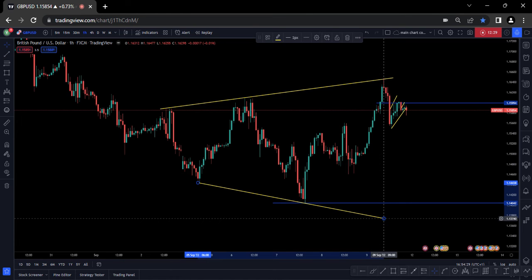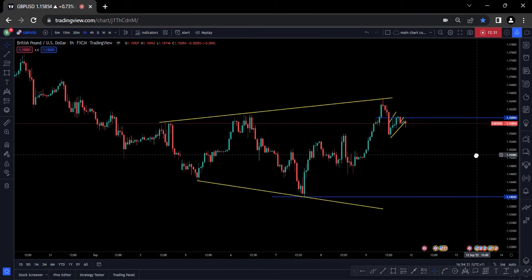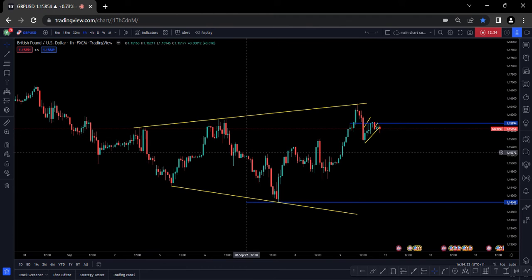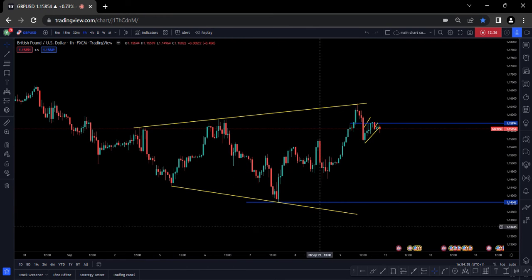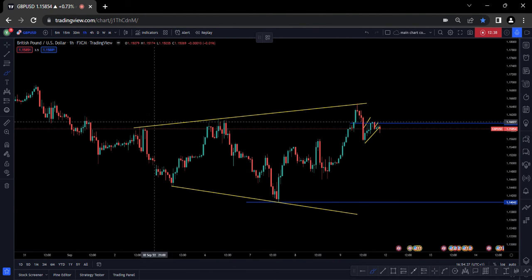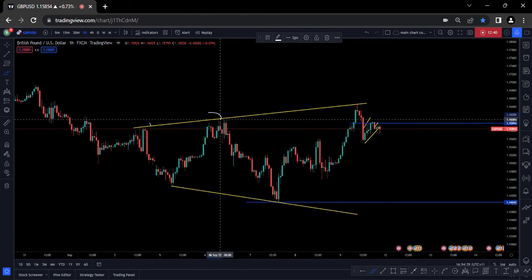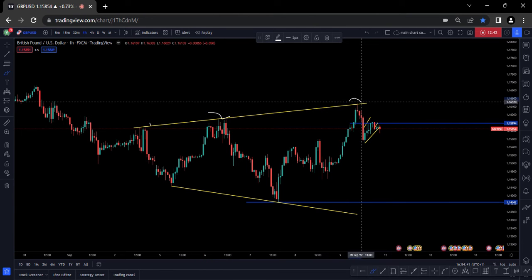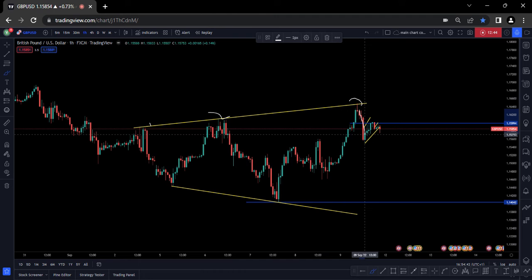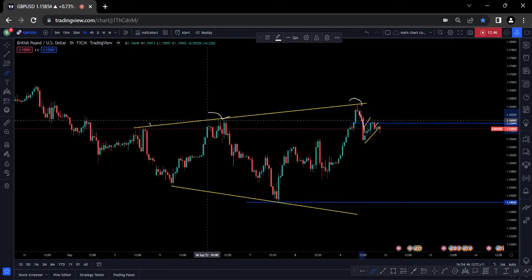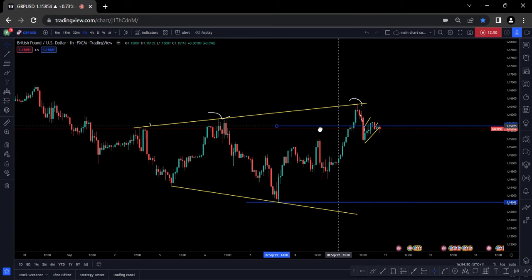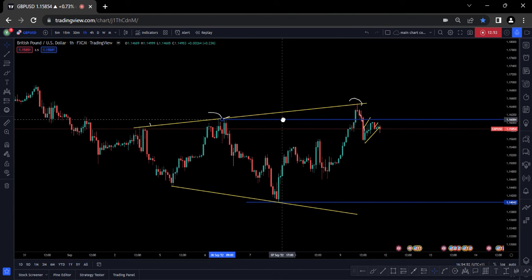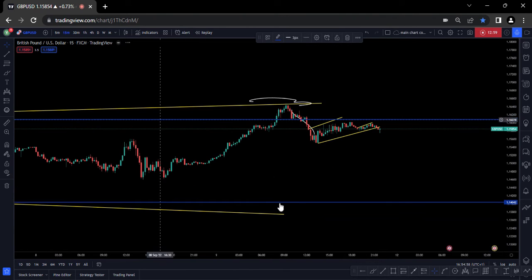After the one, two, one, two, three, it was ready for the sell around this area. After it broke this area, it formed something like a mass psychology.